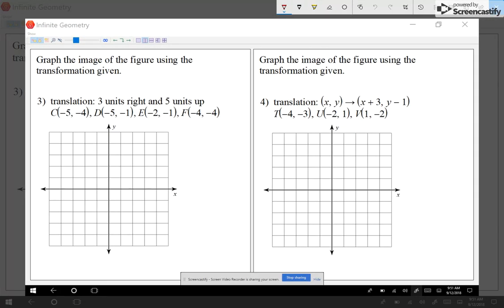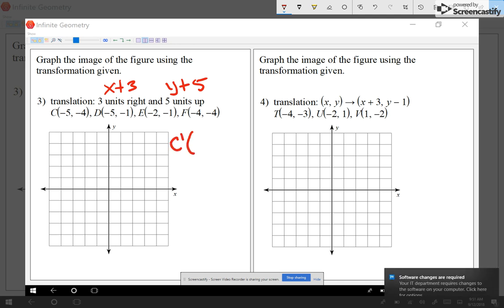All right, so for question number 3, 3 units to the right, that looks like x plus 3. Because I'm adding 3 to the right. Then 5 units up, that looks like y plus 5. So if I'm asking for the coordinates, I'm looking for C prime. My answer should be -2, +1. Right? Those are the coordinates of C prime.